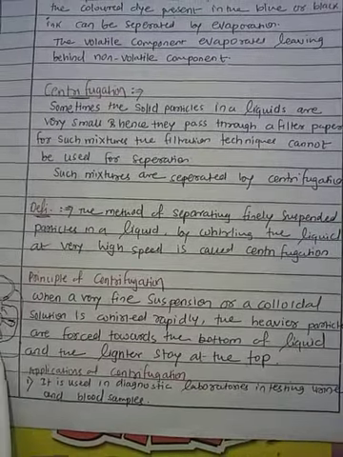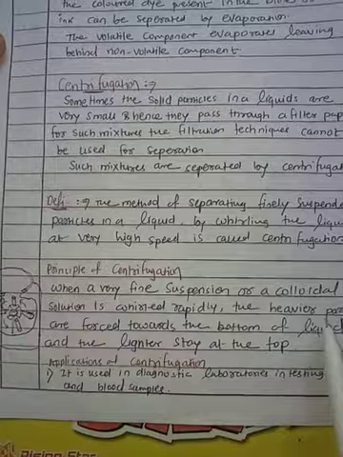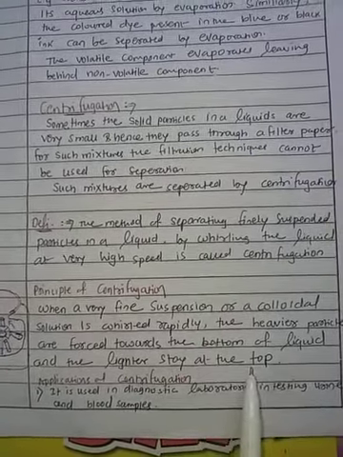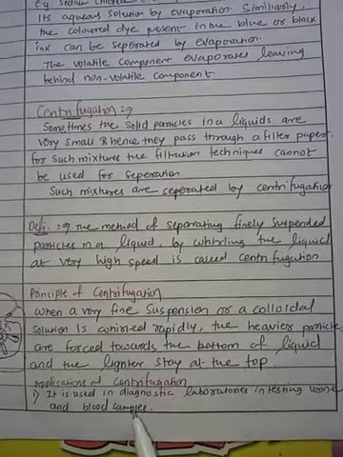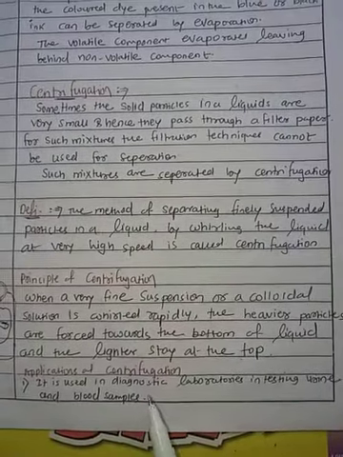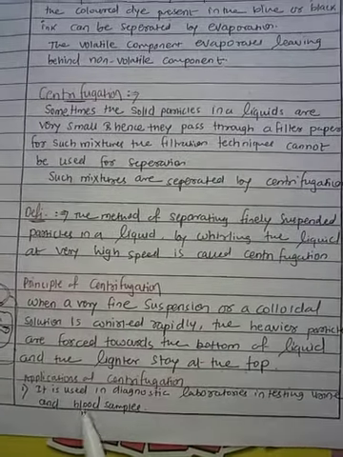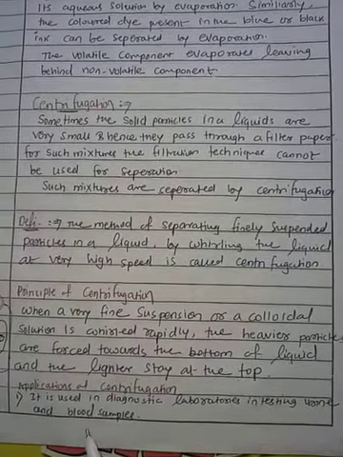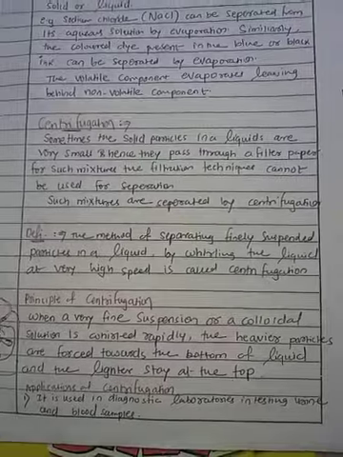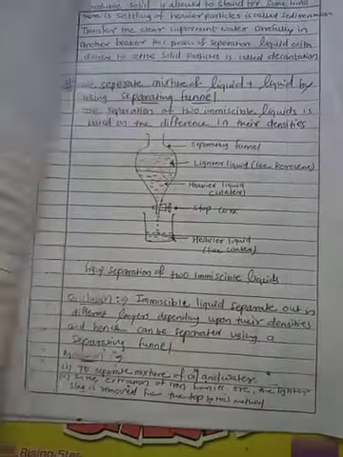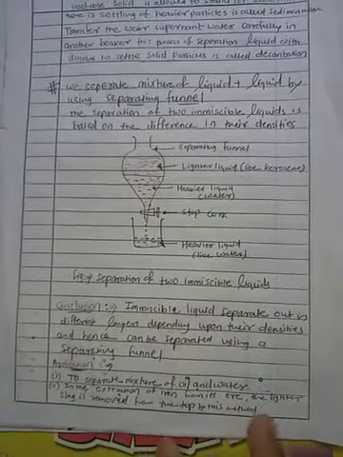As for applications, it is very important in labs: it is used in diagnostic laboratories for testing urine and blood samples. This principle and the diagram are very important. Whatever remains, we will see in the next lecture. Thank you.